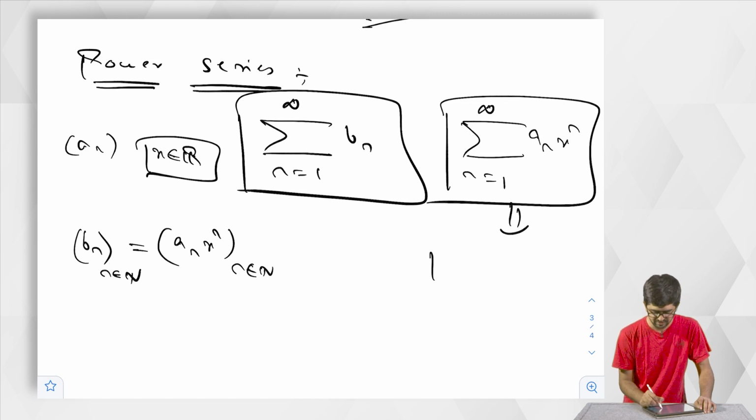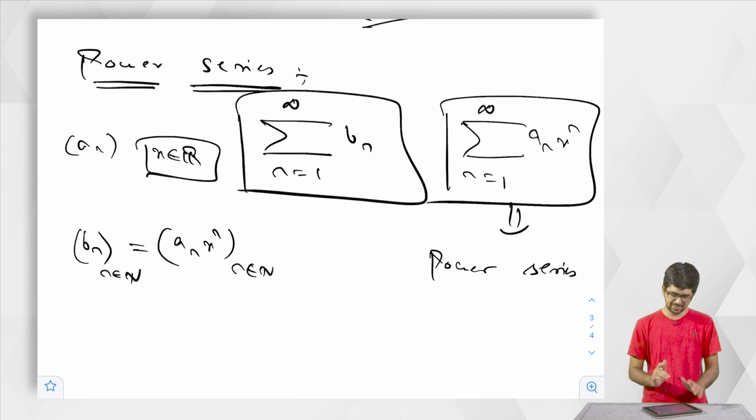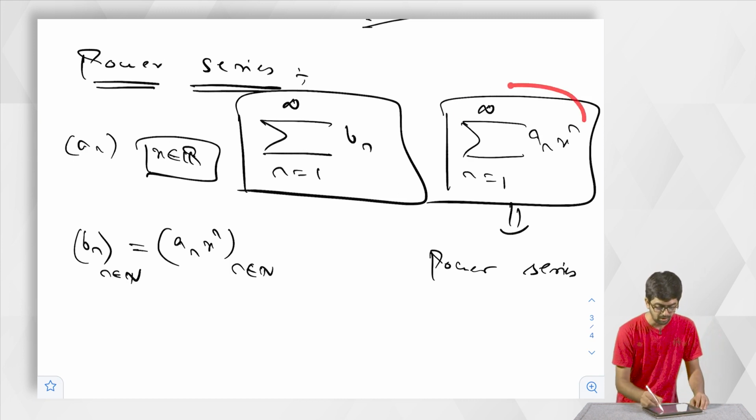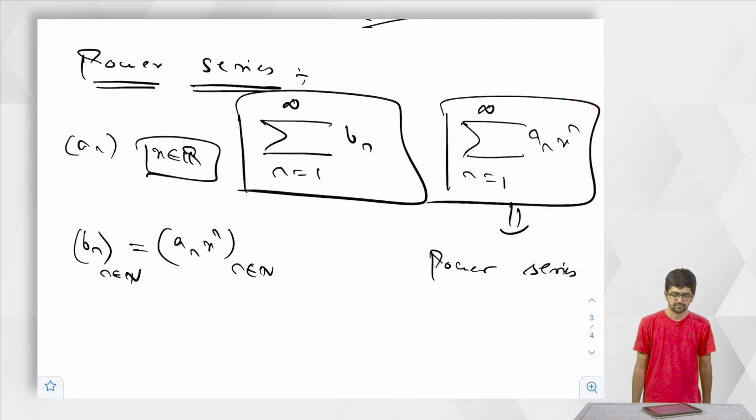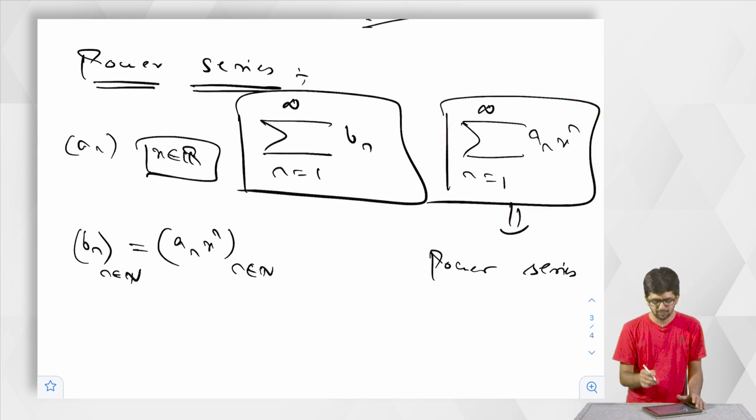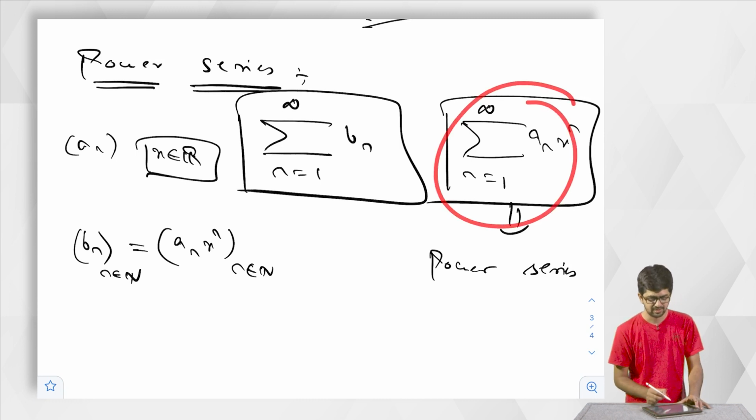This is what is called a power series. So let us focus for now on convergence of series of this form, the power series.